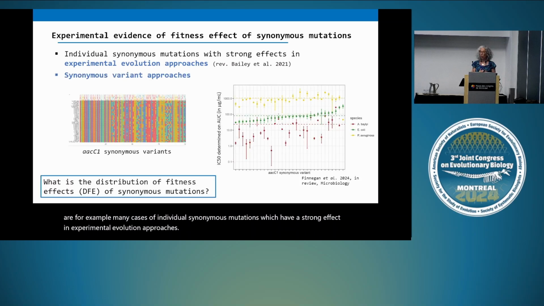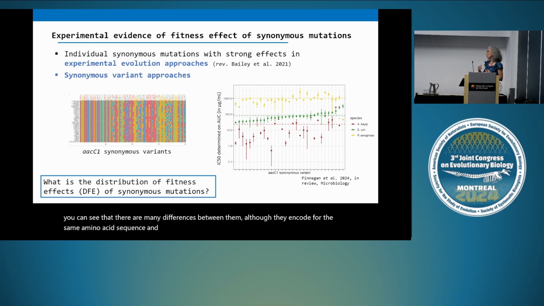And then there is also evidence coming from synonymous variant approaches. Synonymous variants are a collection of DNA sequences that encode exactly the same amino acid sequence, but use different codons to do that. You have an example of a collection of synonymous variants of a gentamicin resistance gene on the left of the slide, and you can see that there are many differences between them, although they encode the same amino acid sequence.